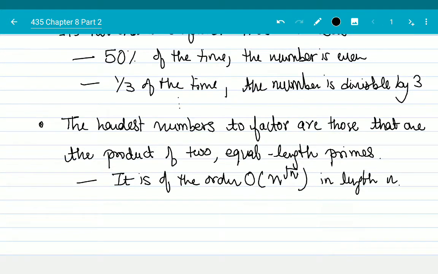So it takes a very long time. This is a polynomial exponential time problem, and this is a hard problem.